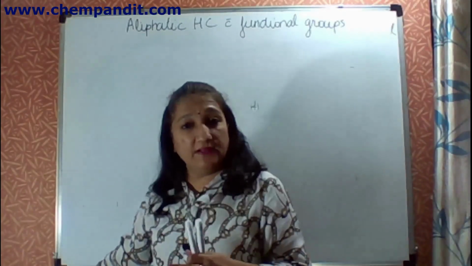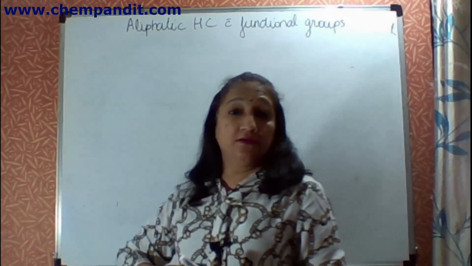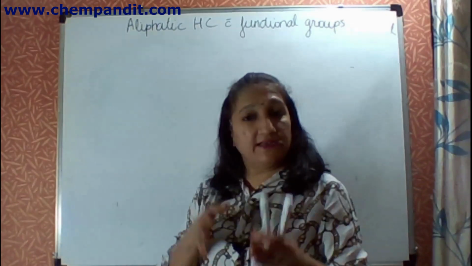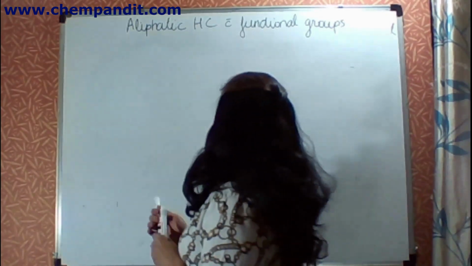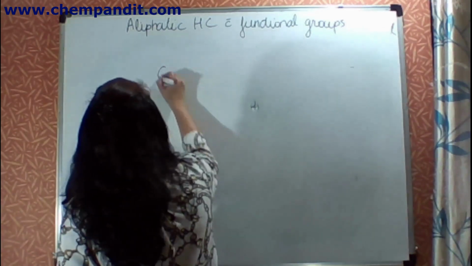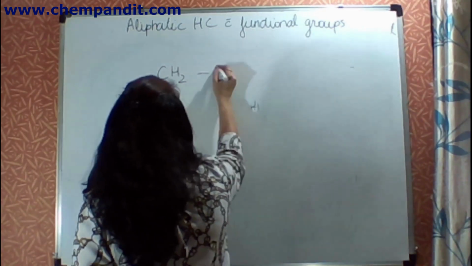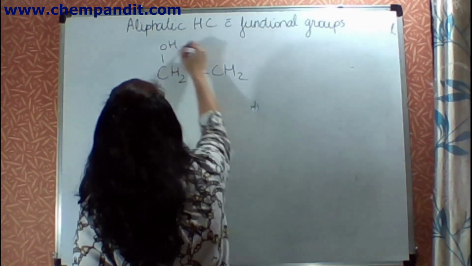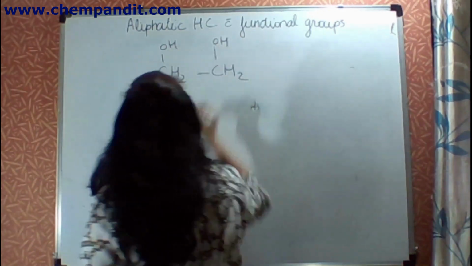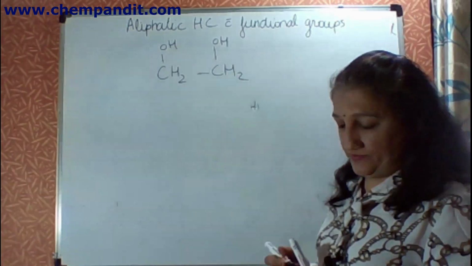Now on the basis of the table that we just discussed a while ago, let's take the first example of a hydrocarbon with a functional group. Now this is a hydrocarbon. This is an organic compound with a functional group. How will you name this compound?